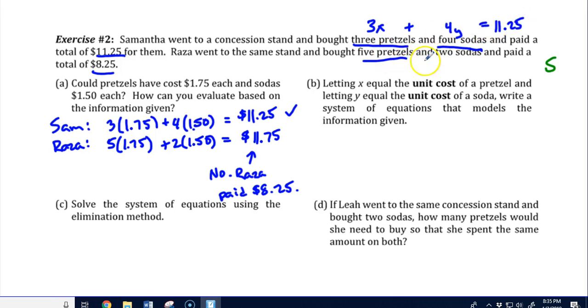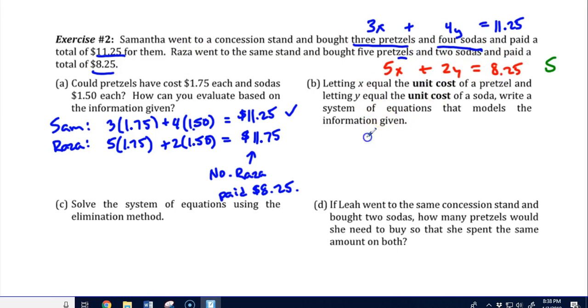You do the other one if you haven't done it yet for Raza. Okay, so for Raza, 5 pretzels, right? Two sodas. Paid, that means she exchanged. It must have been equal, right? $8.25.